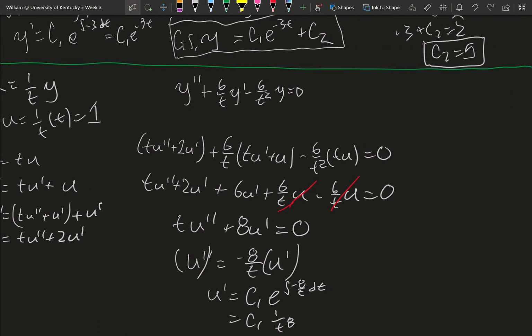So that is our u prime. Our u is now the integral of c1 over t to the 8th.